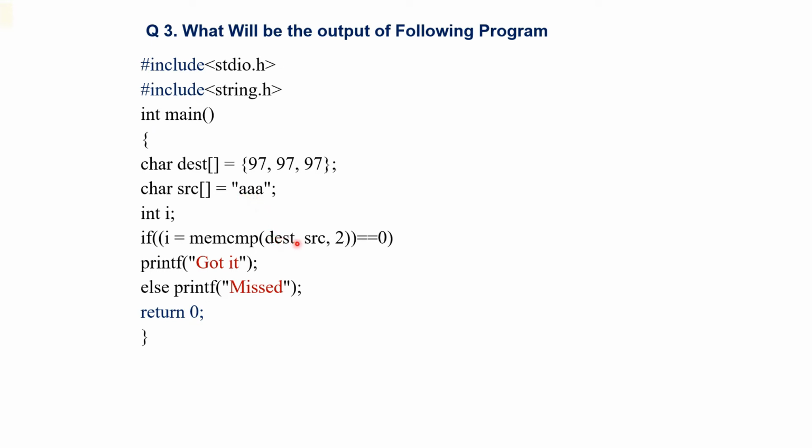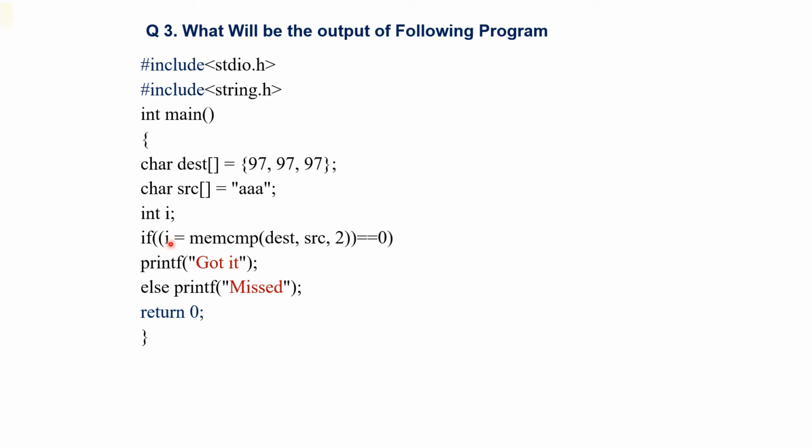So this will return the value 0, because dest and src, both the strings have the same first two characters. Therefore this function will return 0 and it will be stored in variable I.